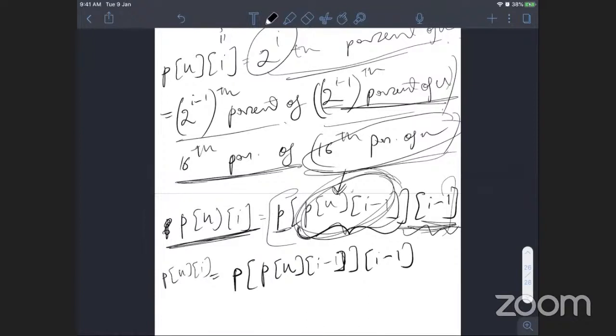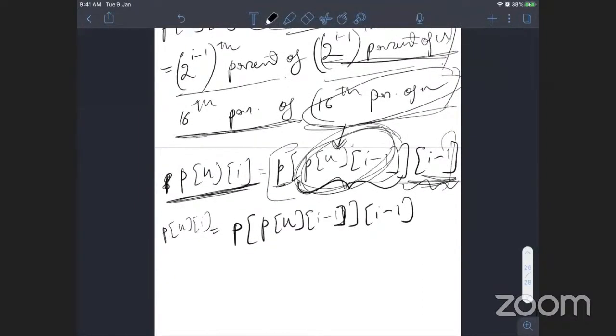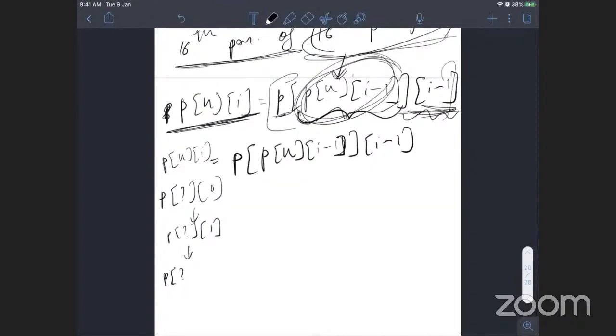Okay, it seems like people are getting clear of this concept and how these loops are working. Cool. Okay, so I said P question mark zeros are easy to calculate. Then we'll move to P question mark 1, then P question mark 2. By question mark, I mean all the values. So the loop is actually for i goes from 1 to log n, for j goes from 1 to n.